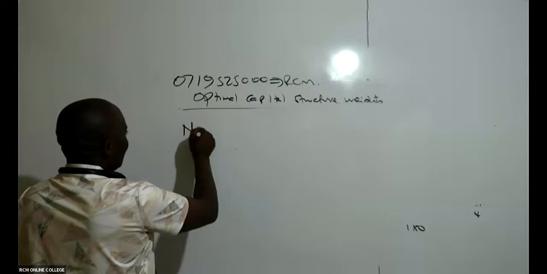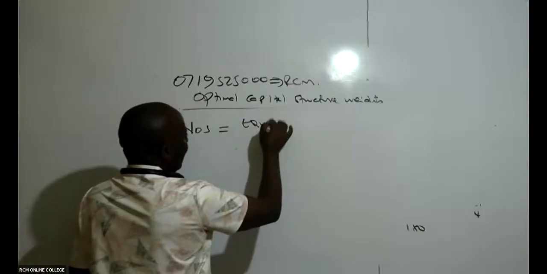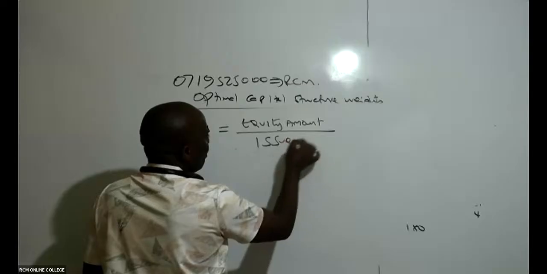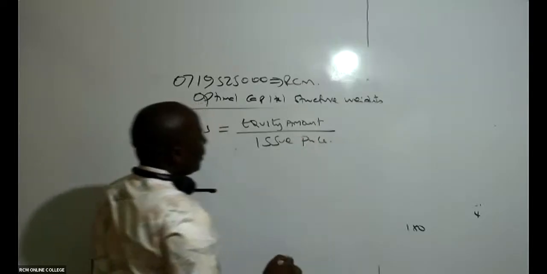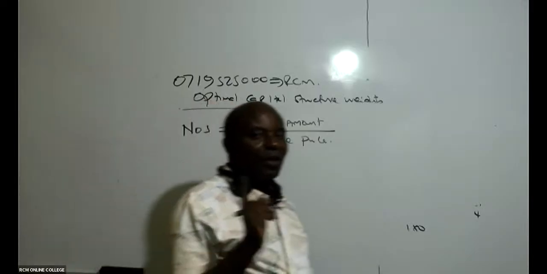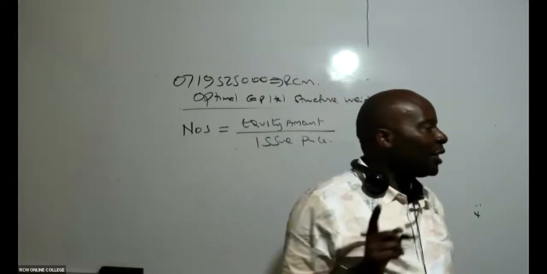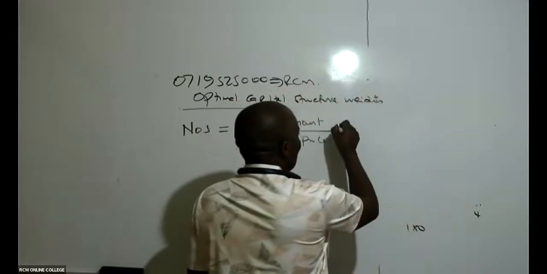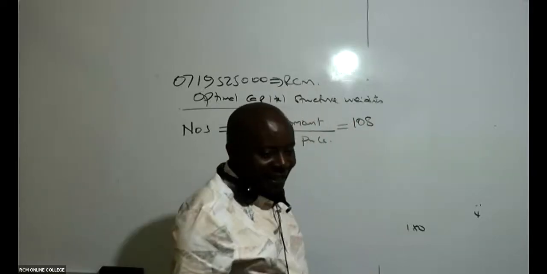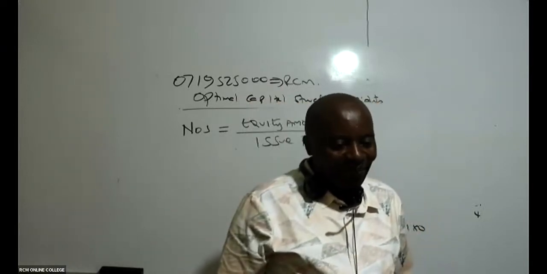Number of shares to be issued will be equal to the equity amount divided by issue price. But again, remember, this is a very good examiner, because he is telling you that out of this equity amount, you gave me an equity amount of 108.